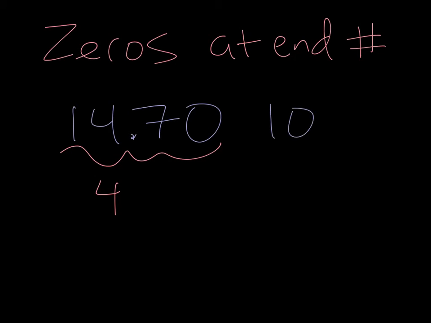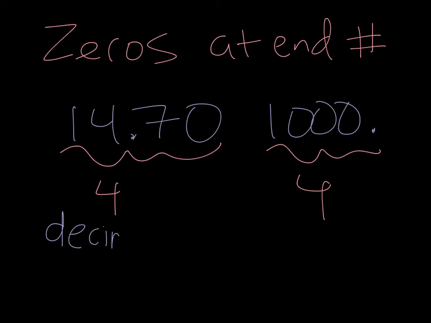Alternatively, I could have 1,000. And if I put a decimal place at the end, that would also have four significant figures because the 1 and the 3 zeros would be significant because of that decimal place at the end. So what this means is that if there is a decimal point, the trailing zeros are significant.